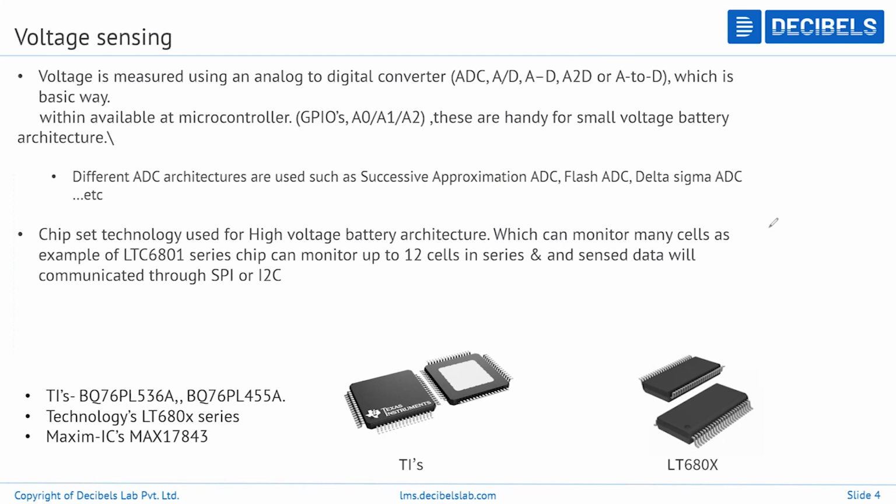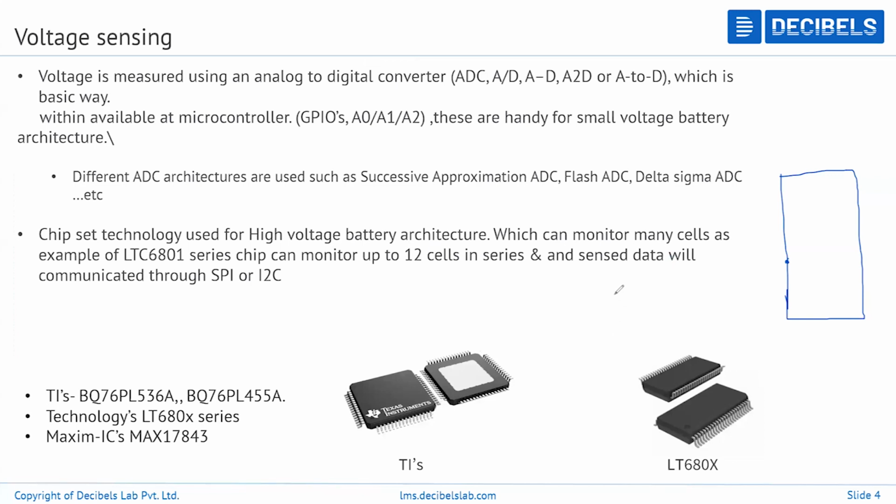If I take up a microcontroller here and I want to measure the voltage of the cell, you can directly give the positive to the analog input and the negative to the ground. When you need to measure multiple cells, you need to go for a voltage divider architecture, but with the help of an RC circuit it becomes complex.